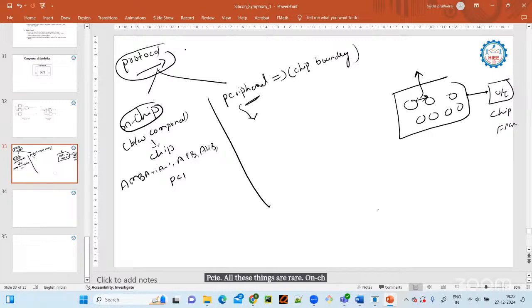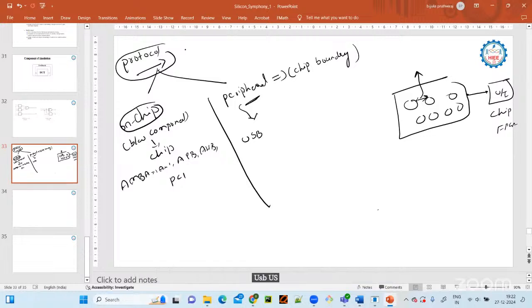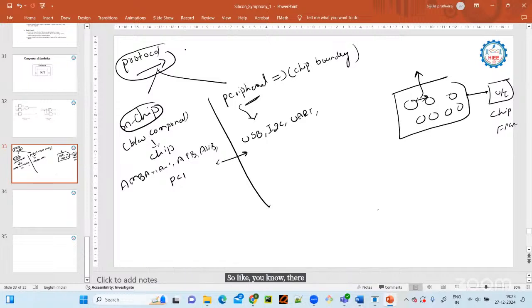For peripheral protocols, you can guess: if you take your laptop, what are the peripherals of your laptop? USB. USB is a peripheral protocol, and I2C is a peripheral protocol. UART is a peripheral protocol. So there are different protocols, peripheral and on-chip protocols.